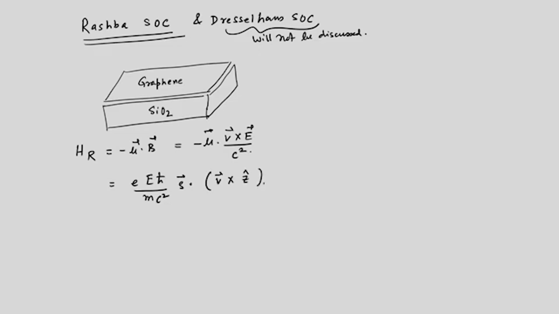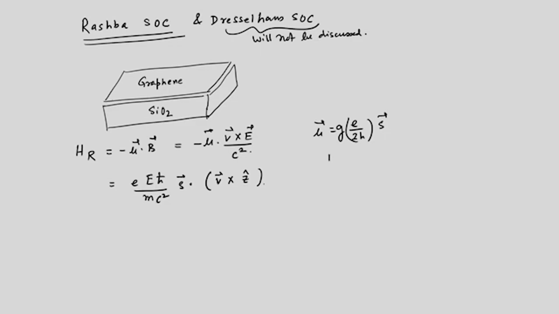So, this is the spin. So, mu is equal to e over 2m, h cross, S into g, and g could be equal to 2. The electric field is taken to be in the z direction.